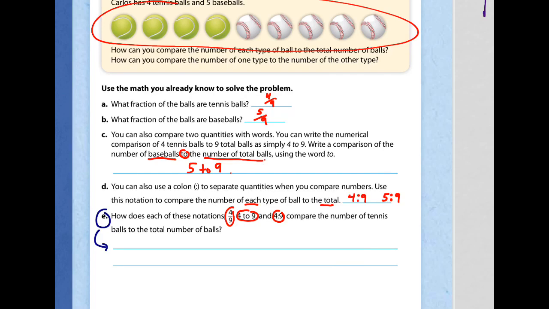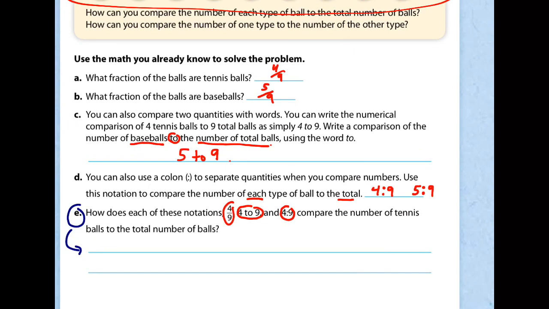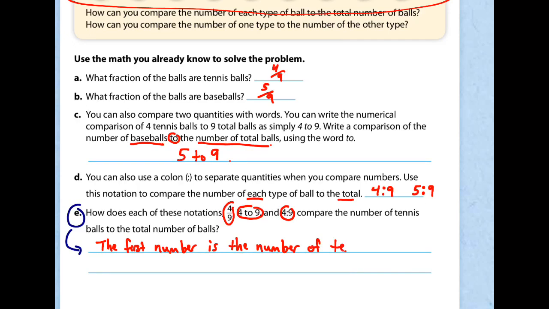For each of those answers, the first number is the number of tennis balls. The second number is the total number of balls.